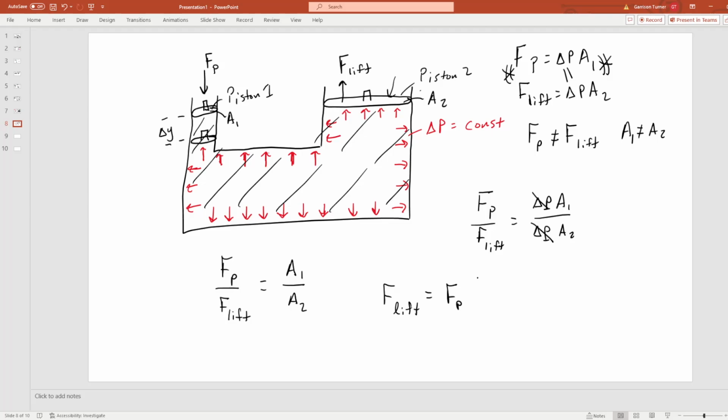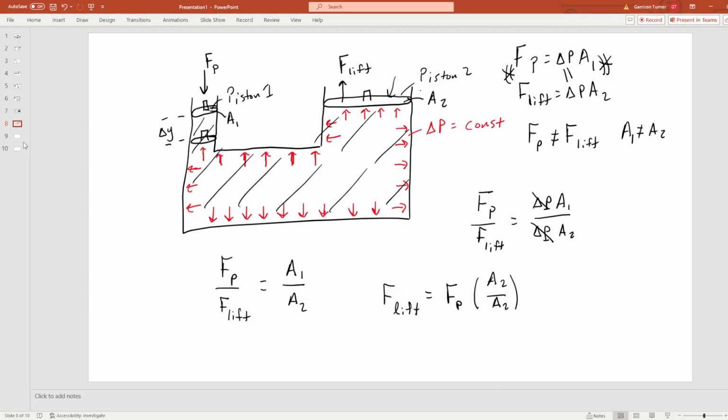My lifting force is going to be equal to my pushing force times the ratio of area 2 to area 1. As you can see, if area 2 is larger than area 1, this will be an increase in force.